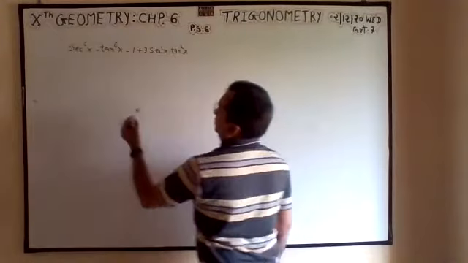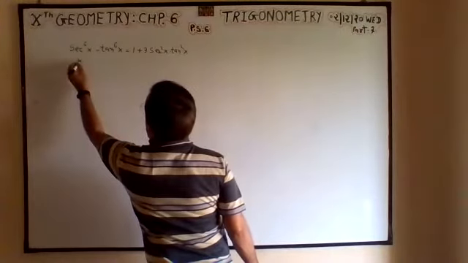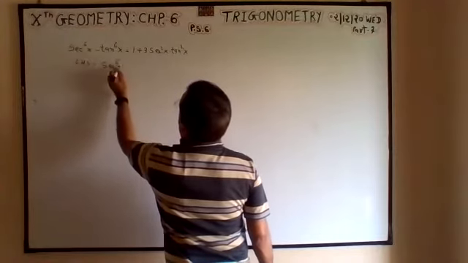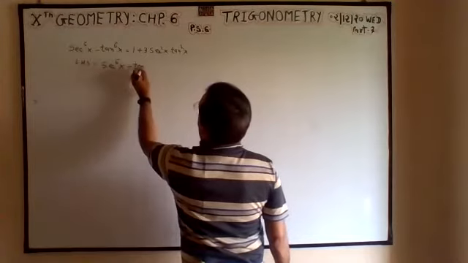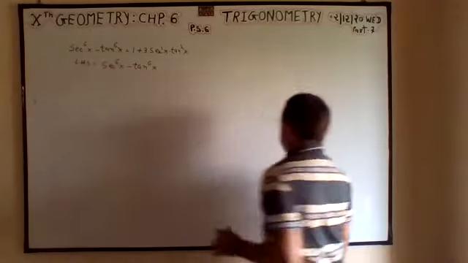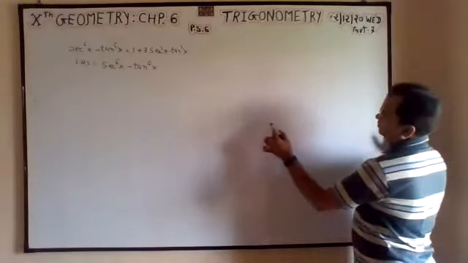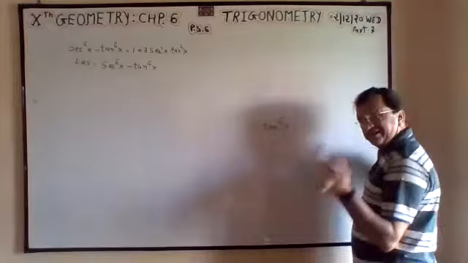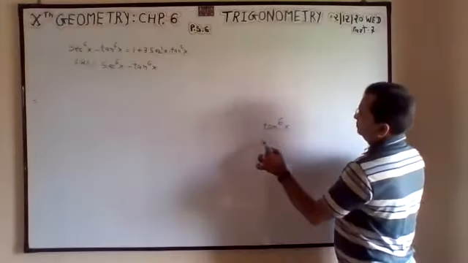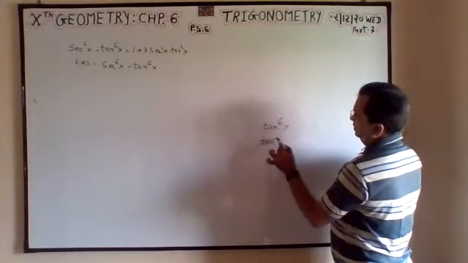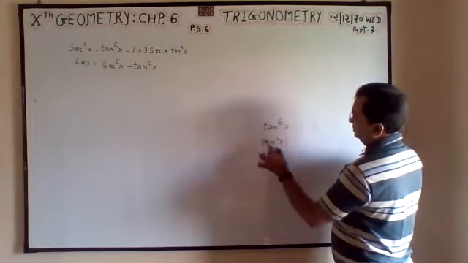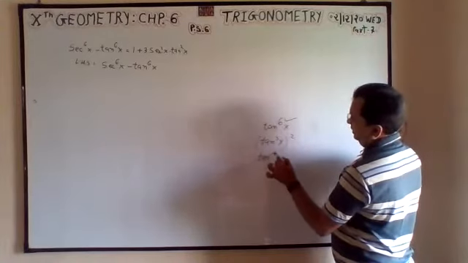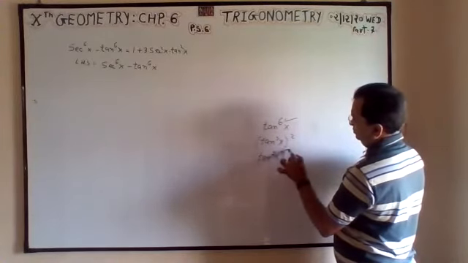Now try to understand the algebraic expression. For example, tan raised to 6x, I can write in two ways: tan cube x squared, the 6 power, or I can write tan square x cubed.